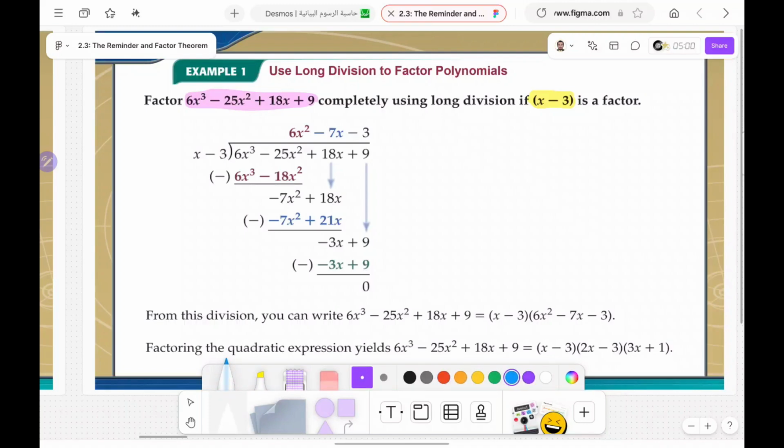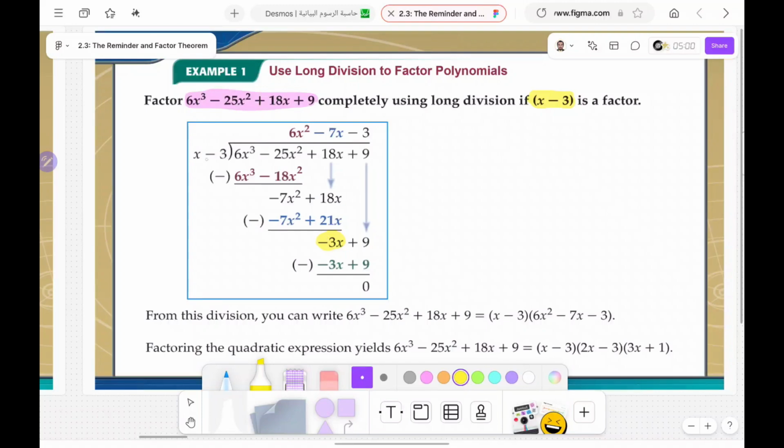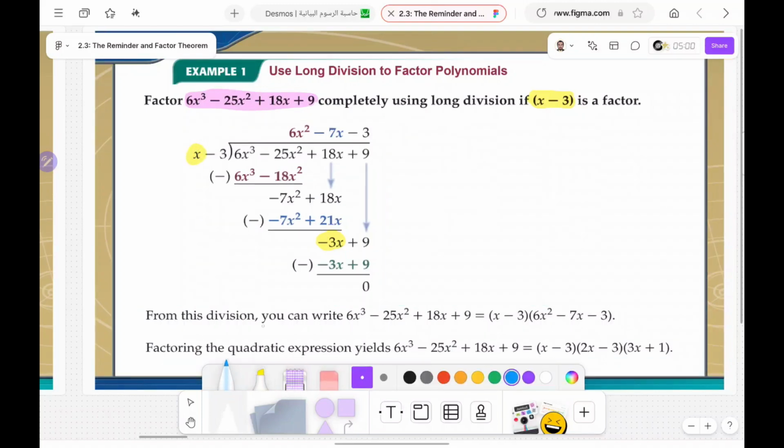Then, which is the last one, we divide the first term, which is negative 3x, by the x here. So this x cancels x, so it remains negative 3. So we distribute, and we get negative 3x. Then negative 3 times negative 3 is equal to 9. Then we put the minus. Then we cancel the first terms together. Then 9 minus 9 is equal to 0.